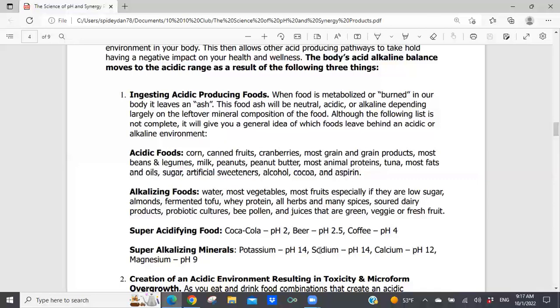So I'm not a big proponent that you need to reduce your sodium intake. I would do your sodium based upon your taste as opposed to based upon the number of grams of sodium that they want you to take on a daily basis. So sodium, if your diet is highly acidic, can be a good thing to help offset the acidic environment created by the foods that you're eating, being offset by the sodium that you add to it.